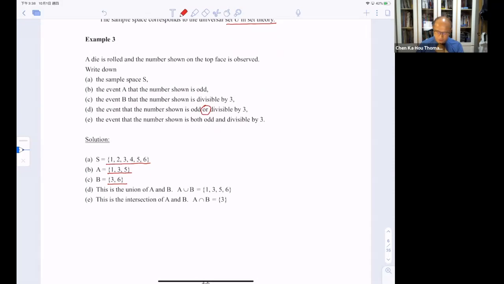So we want to do the union of A and B. We select all the elements from A and all the elements from B and put them in the same box. So it's 1, 3, 5, 6. And the intersect is the elements in common, so it is 3. Understand, students? So you understand what the sample space is?